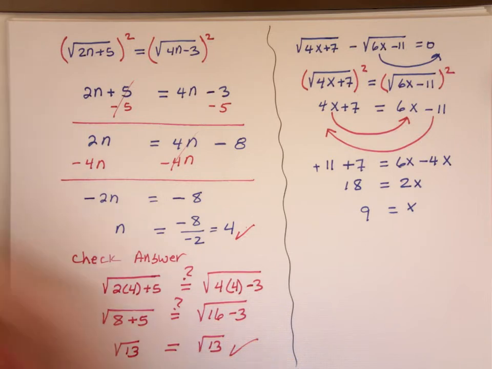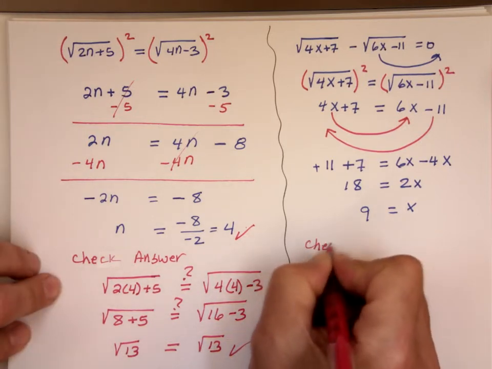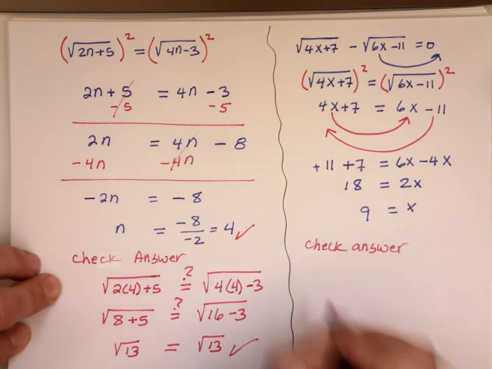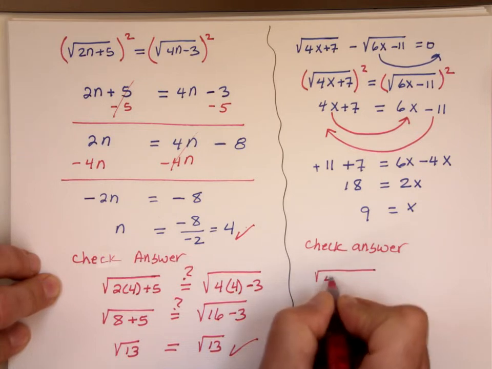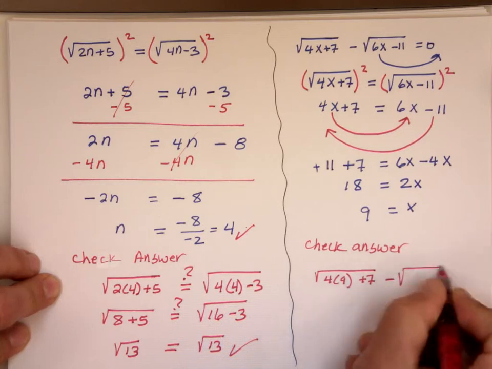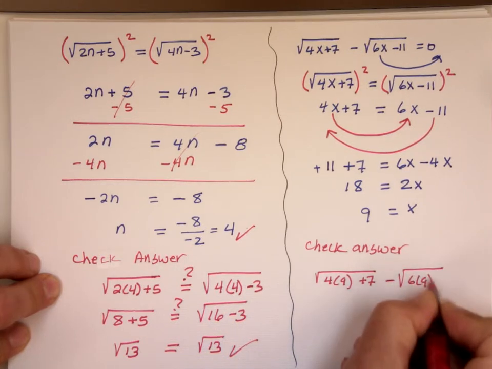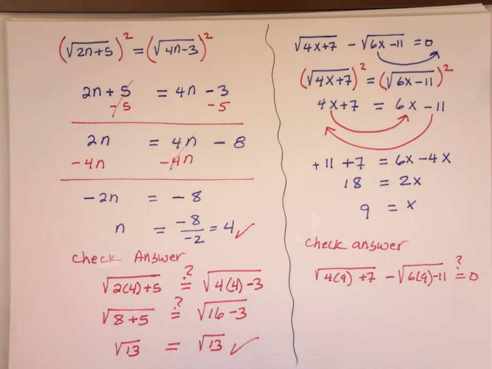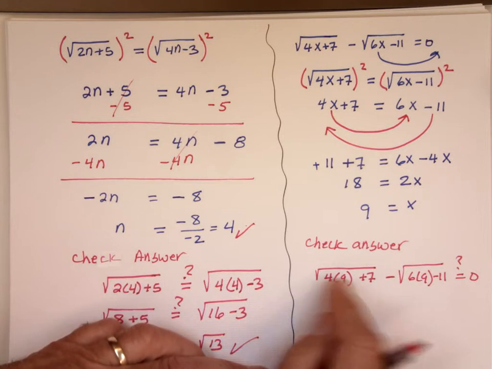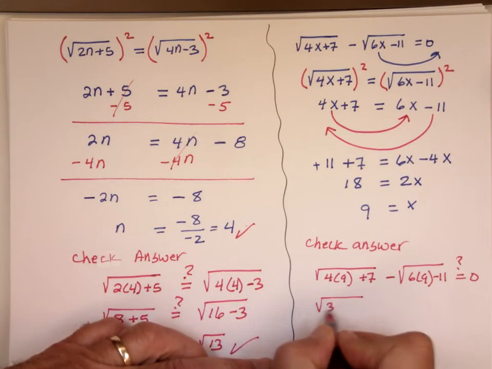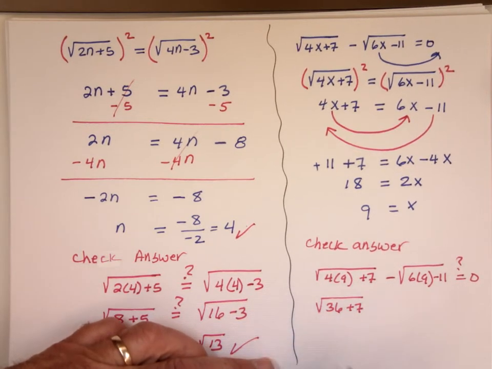Again, check your answer. Is the square root of 4 times 9 plus 7 minus the square root of 6 times 9 minus 11 equal to 0? 4 times 9 is what? 36. 36 plus 7, that's 43.